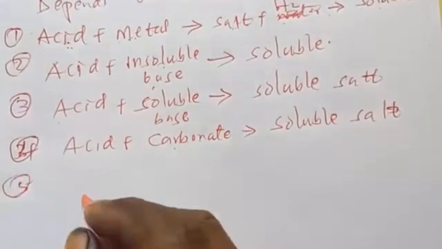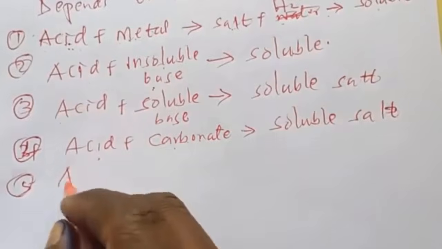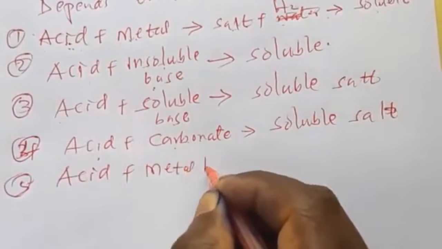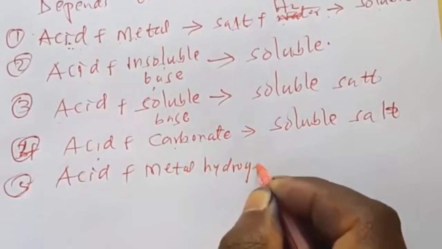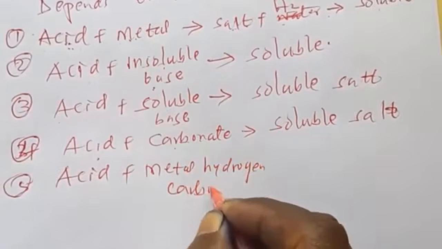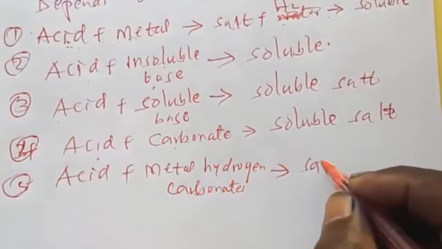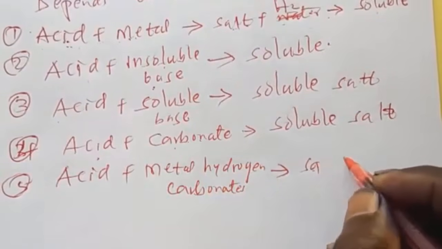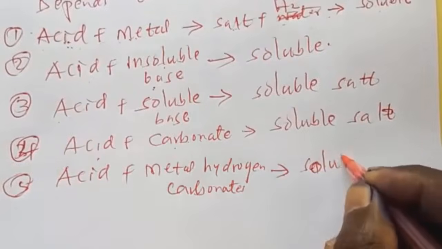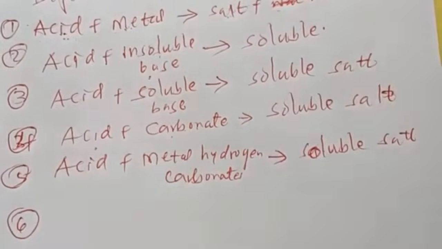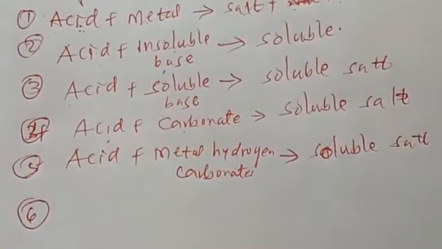Number 5, we have acid plus metal hydrogen carbonates. Metal hydrogen carbonates will also give you salt, carbon dioxide, and water. Therefore, it is a soluble salt. I said I want to just mention methods of preparing salts because my major aim is to show you how to prepare the salts.